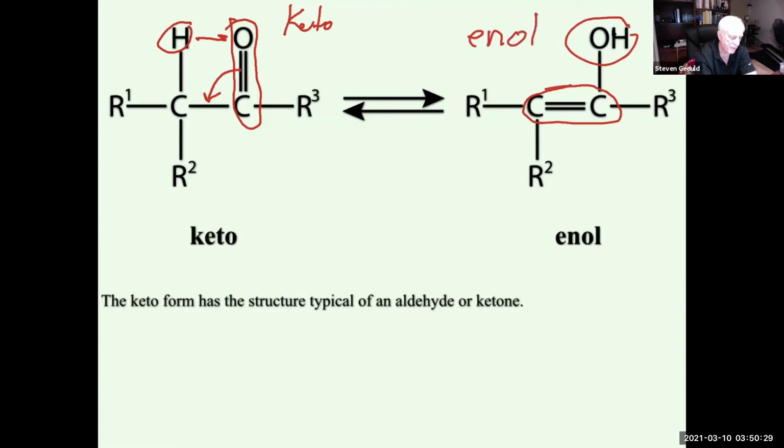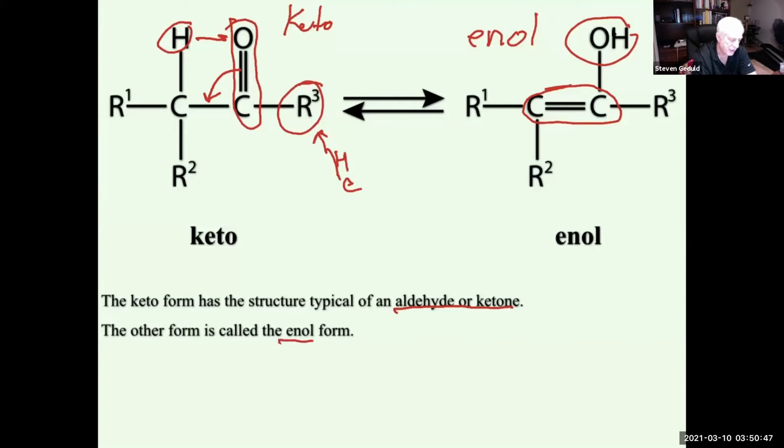So the keto form has a structure typical of an aldehyde or a ketone. If this R group right here is an H, it's an aldehyde. If it's an R group, if it's a carbon group, it's a ketone. The other form is called the enol form. So this is keto, this is enol.